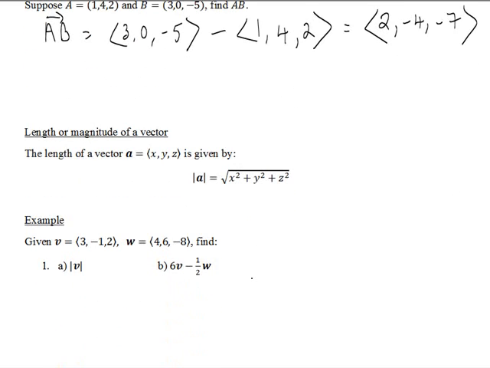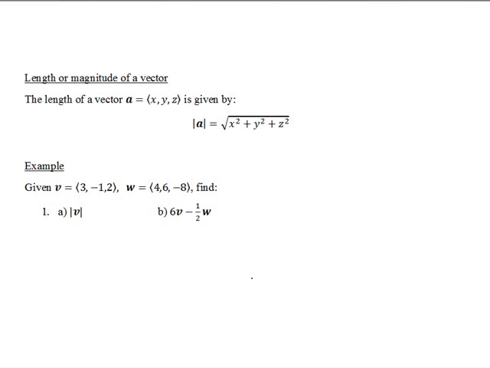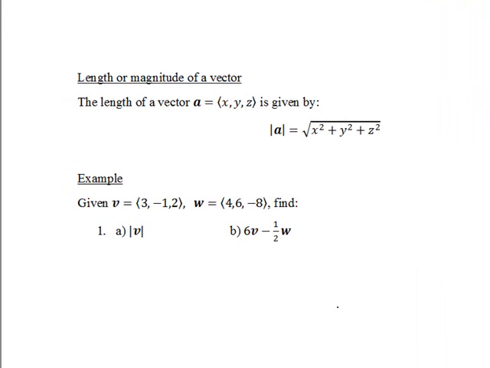Given V is the vector 3, negative 1, 2. W is the vector 4, 6, negative 8. Find A, the length of V. So the length of V is the square root of 3 squared, which is 9, plus negative 1 squared, 1, plus 4, which is square root 14.